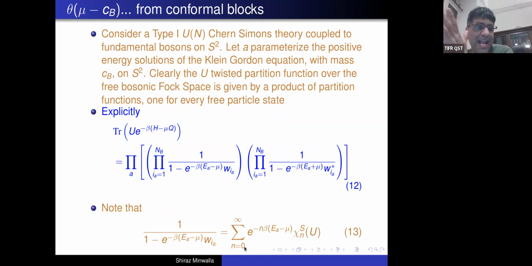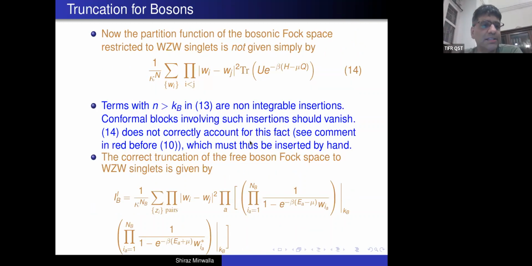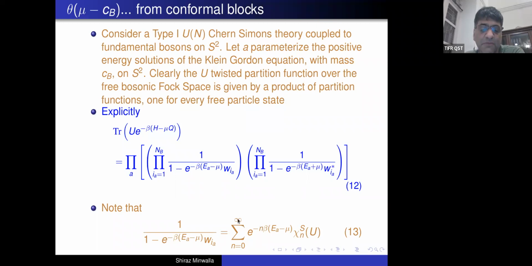But terms with n here larger than k correspond to non-integrable representations. And it's a well-known fact, demonstrated by Gepner and Witten, that there are no conformal blocks coupling non-integrable representations to integrable ones. So if we want to restrict to Wess-Zumino-Witten singlets, we should do this counting, but also put an upper cutoff in the sum. We should cut off the sum at k.